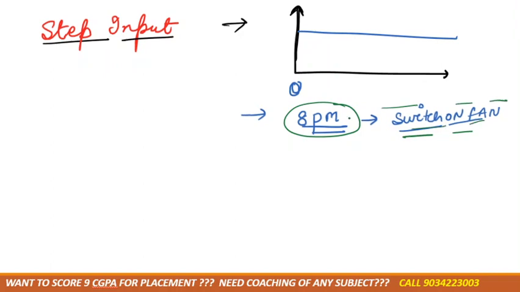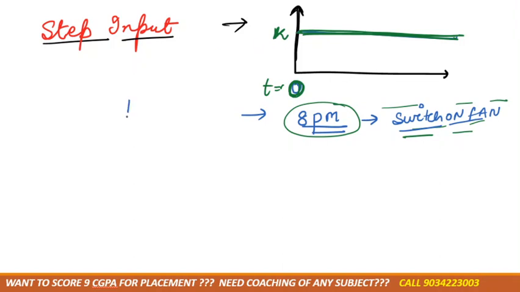Will the fan remain on or will it turn off automatically? It will remain on. Basically at 8 p.m. you switch on the fan and the output will be constant for all the values, right? This can be replaced by a or any constant.